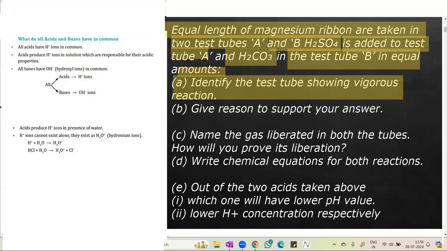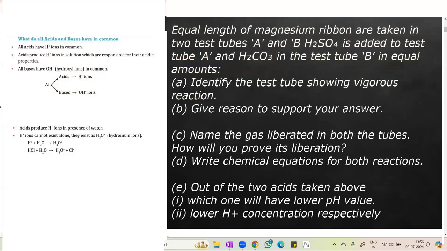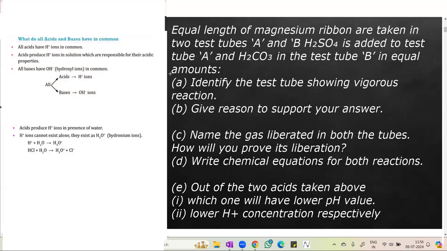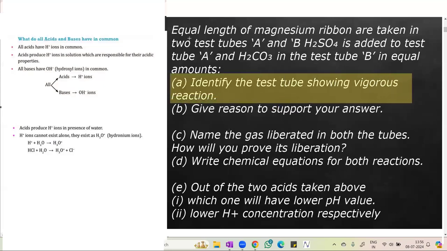So I am dealing with this question one at a time. Now we know that sulfuric acid is a strong acid.